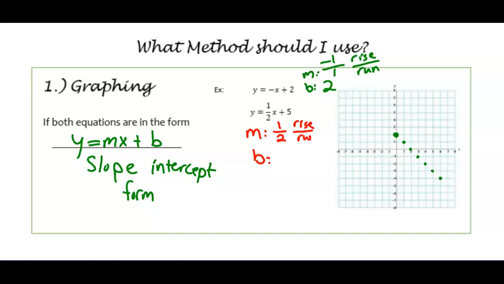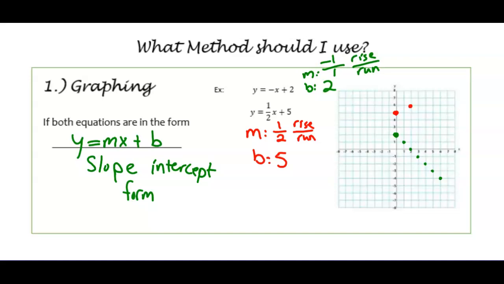You don't have to write the rise over run, but if it helps you, do it. So that you remember that this is your up or down, and then this is your side to side. My b? 5. So I'm going to 5. 1, 2, 3. I think this is a 5 right here, right? And then I'm going to go up 1 over 2.